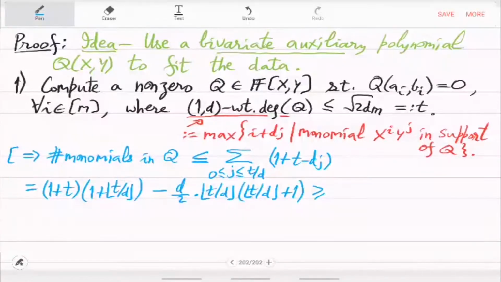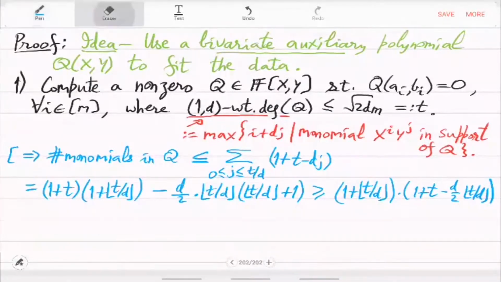So we can take out 1 plus t by d, and what remains is 1 plus t minus t by 2, around t by 2. In fact, this is equal, not greater than or equal to, it's exactly equal.